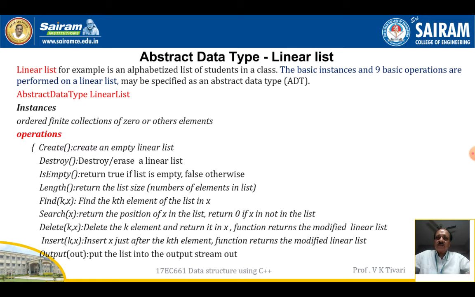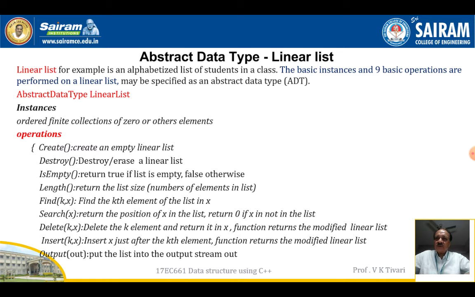Here we have ready-made functions which do the work on a linear list, like create, whether the linear list is empty, destroy the linear list, and what is the size of the linear list.